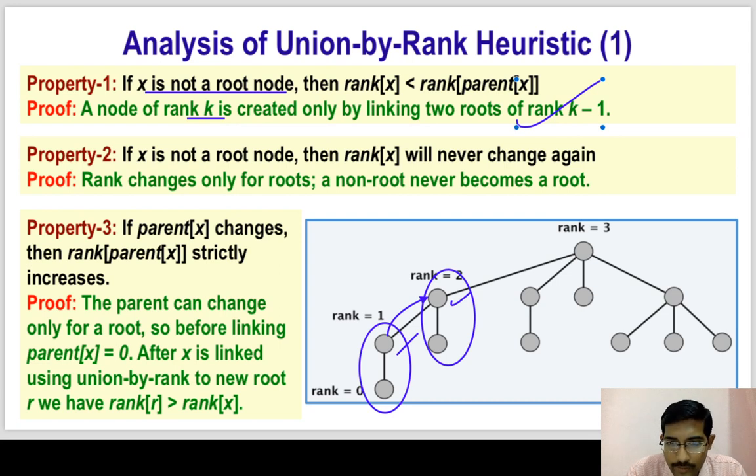Earlier, when we were connecting this set and this set, both had the same rank. Since it is the same, as per our algorithm, when we point this node back here, we increase this rank 1 by 1. Therefore, if X is not the root, the rank of X is obviously less than the rank of the parent of X. If X is not the root, then the rank of X will never change.